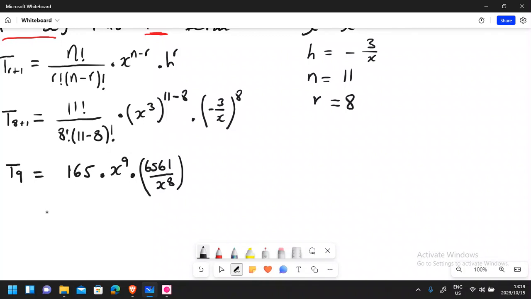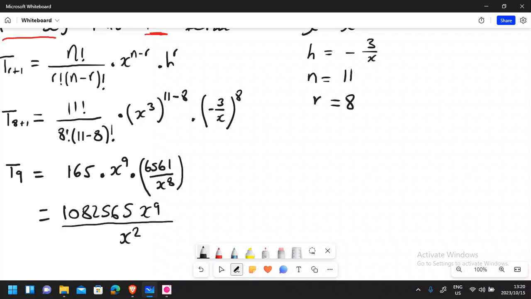After substituting this on your calculator, we can continue. If we say 165 multiplied by 6561, what are you going to get? You're going to get one of the biggest numbers, but it's not that much. It's going to be 1082565. Right, don't forget this is x to the power of 9 over x to the power of 8.